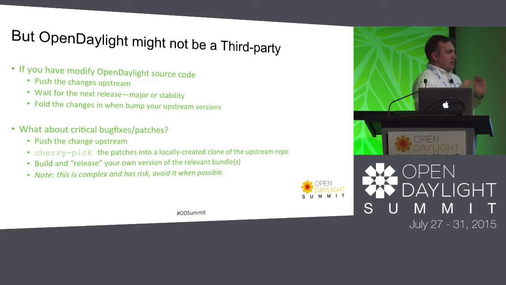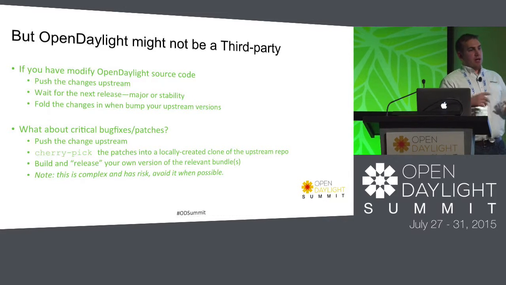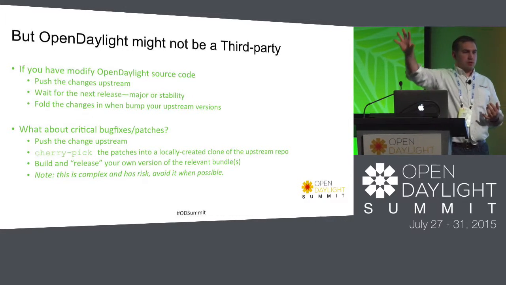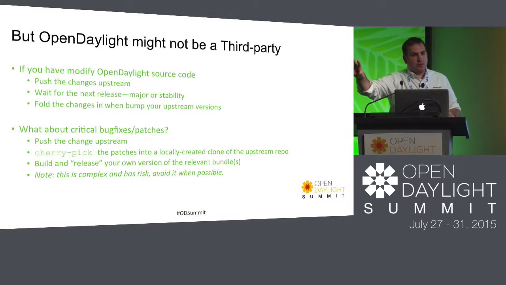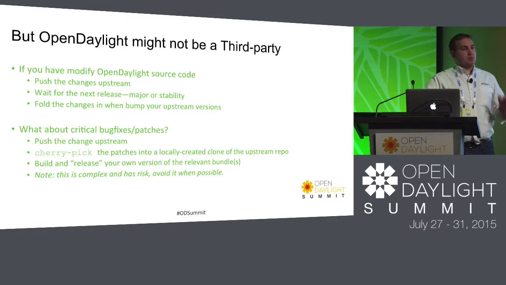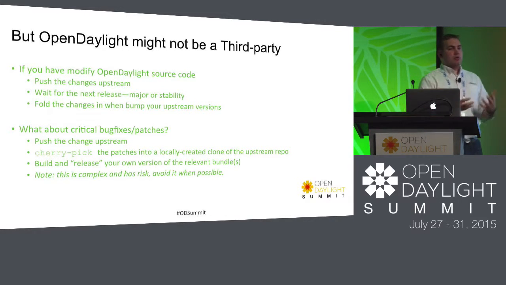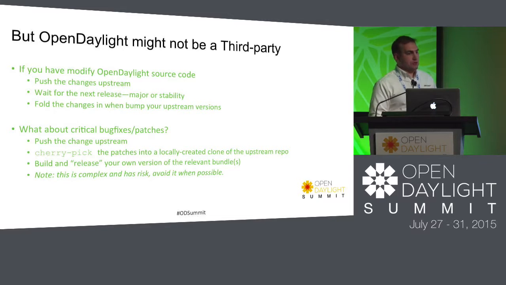Get the code changes upstream and then cherry pick that change back to yours. That way, A, you know that there's an OpenDaylight patch or a Gerrit out there that can be reviewed and merged into a stable branch pretty soon. And if that gets accepted and merged in, well, now you know the community accepts your patch and you have much lower risk to then bring it back in and rebuild the code yourself.